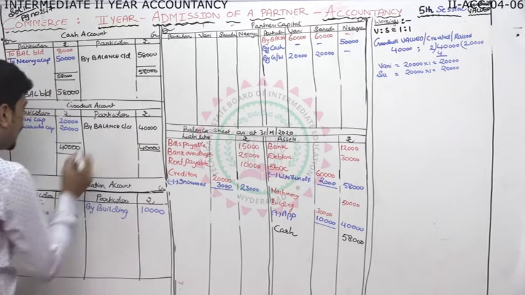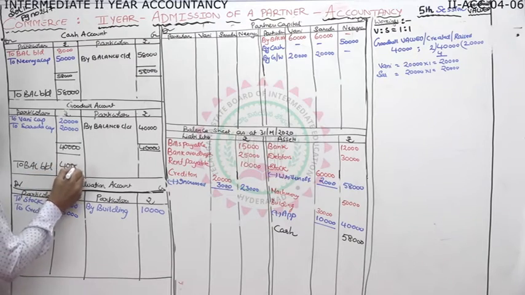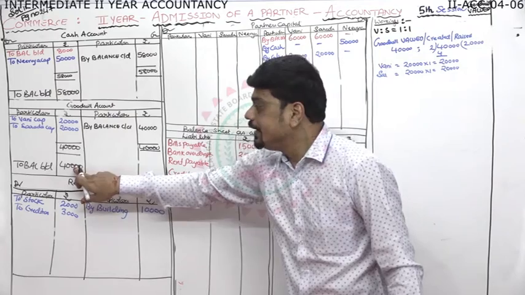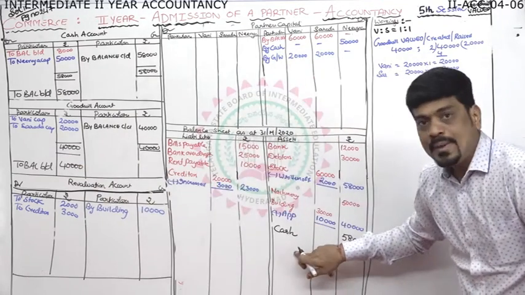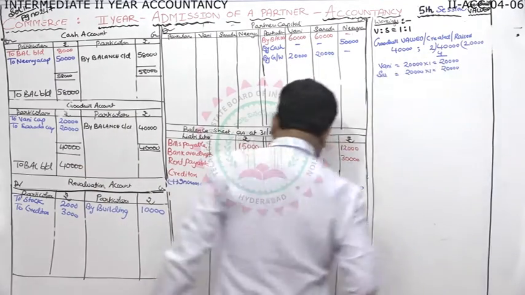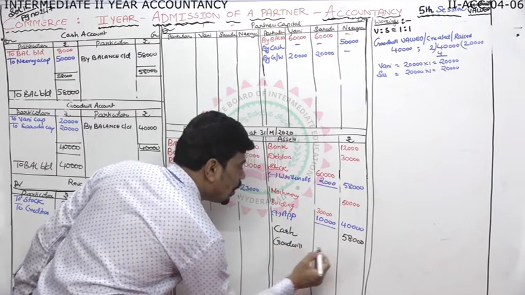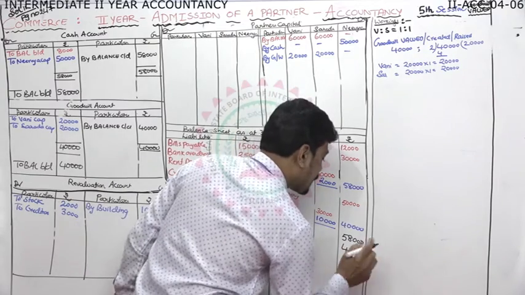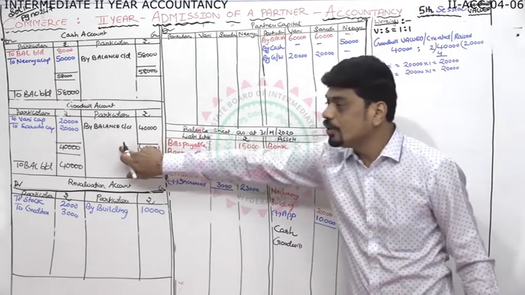So this 40,000 I'll bring down here. Then I'll post it to balance sheet. Goodwill is an intangible asset. Real account, intangible asset account. Thereby, I'll put in the balance sheet asset side. So, here goodwill is 40,000. Goodwill 40,000 here. Goodwill is over.